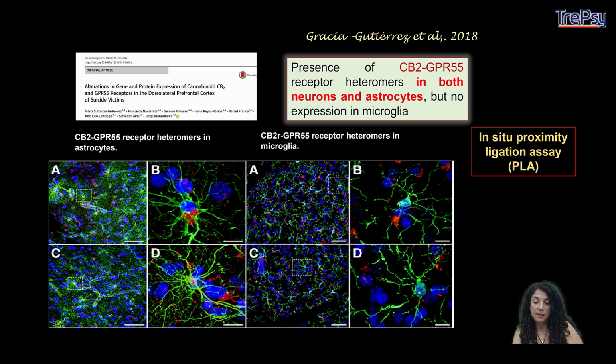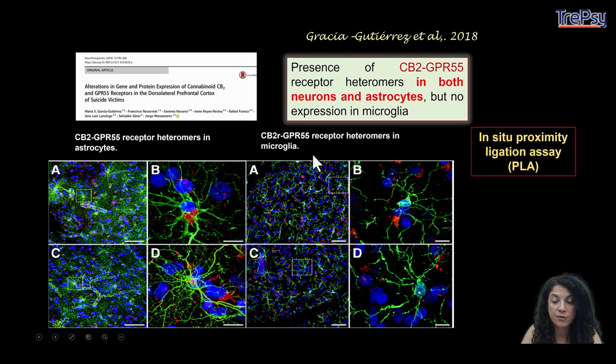Here is another article from our group. In this article we can see the expression, by in situ proximity ligation assay, of heteromers of CB2 and GPR55 receptor.